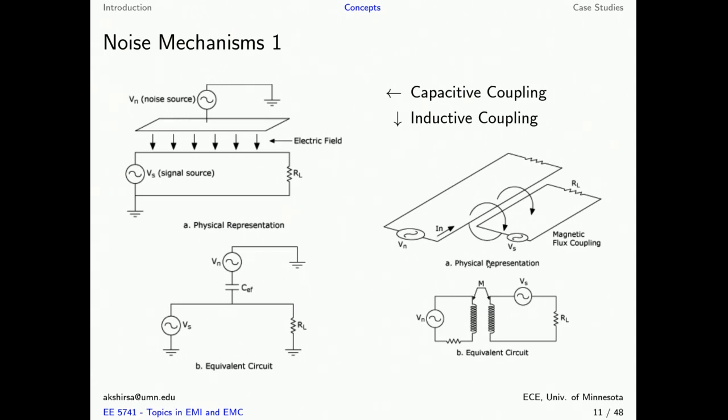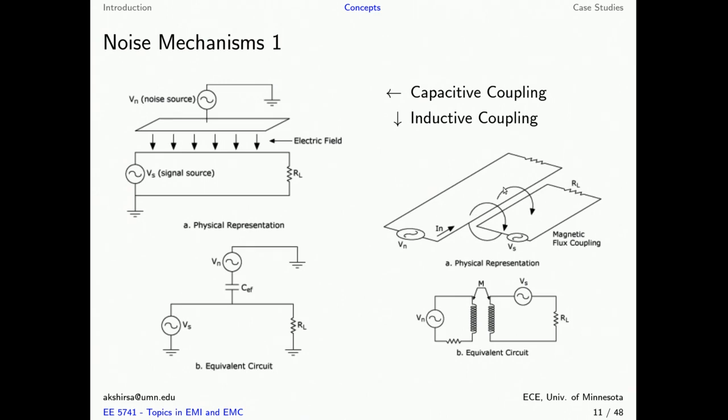Similarly, when we talk about inductive coupling, we consider a current carrying loop, which is IN, the noise current in some sense. This current is flowing in this loop. It sets up a field, and part of this field links to the system that we are trying to analyze.